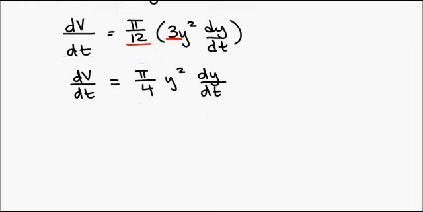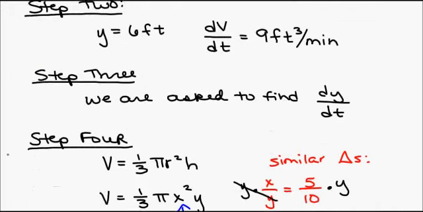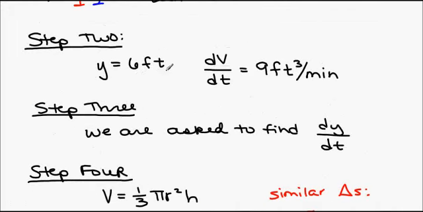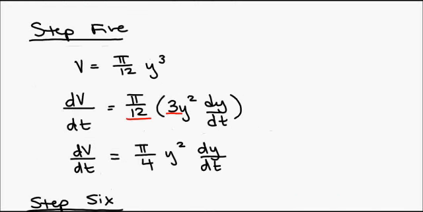Last step, step 6, is to evaluate. Step 6 says use known values to find the unknown rate. From my previous page, I see that y is 6 and dV/dt is 9 cubic feet per minute.